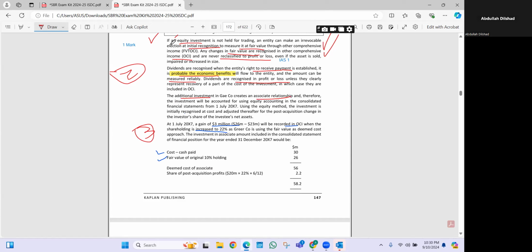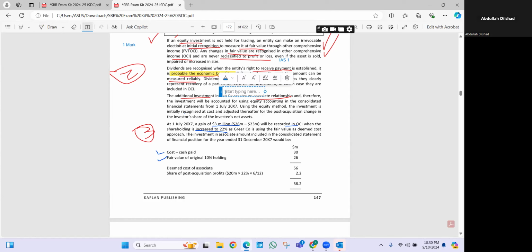Now you are at 22%, 10 plus 12 equals 22%. Anything more than this is considered an associate, and if you are using an associate, you need to use equity accounting.